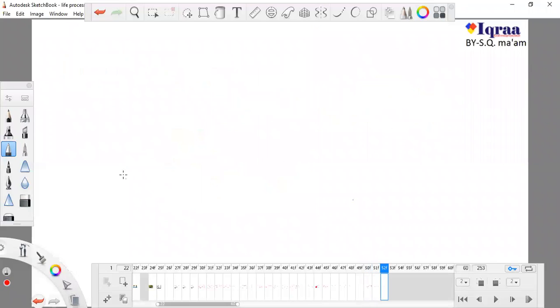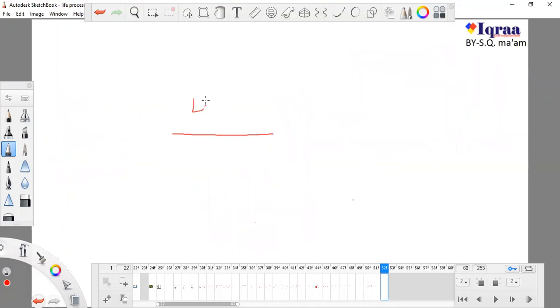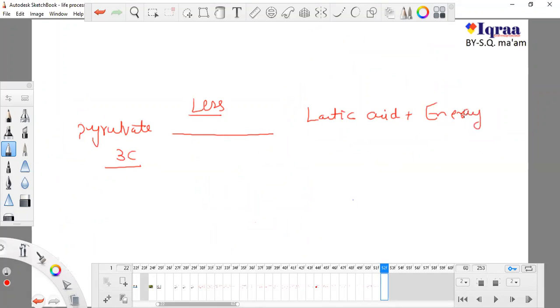Have you heard that this process takes place without oxygen? I'm not writing no oxygen, I'm writing very little oxygen. Remember sometimes you work so hard, like you are running or you have done so much stuff, you have worked the whole day, and you breathe very little.